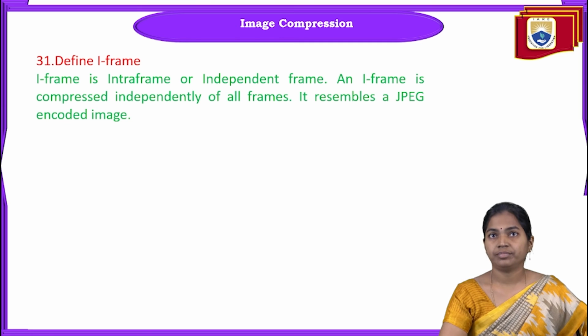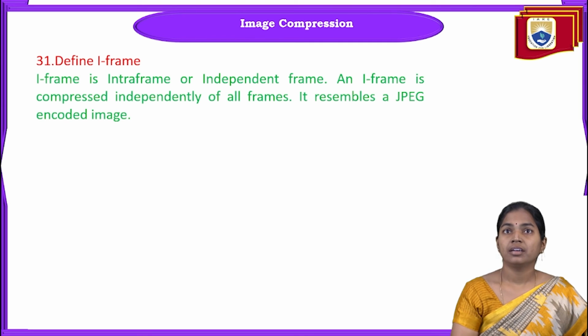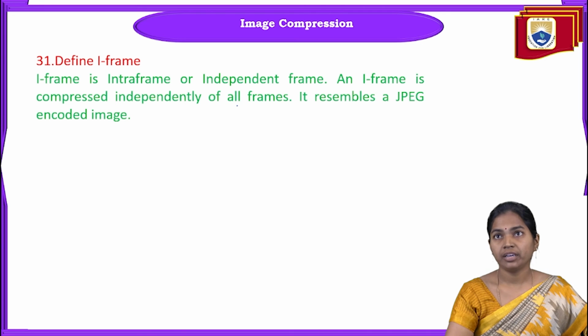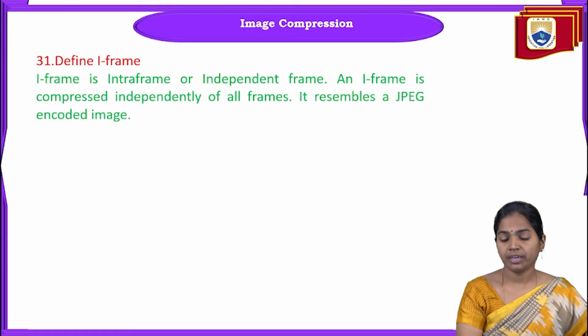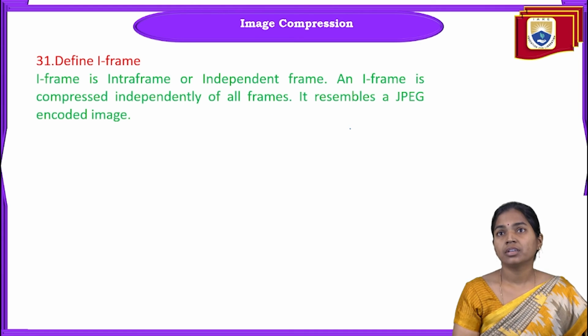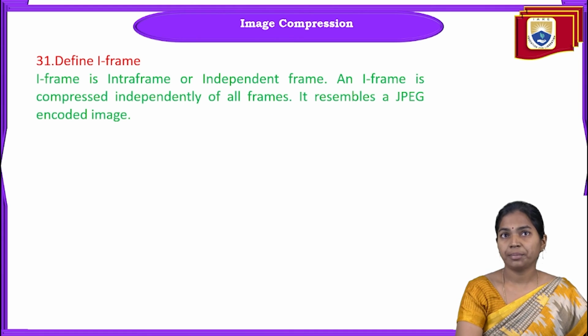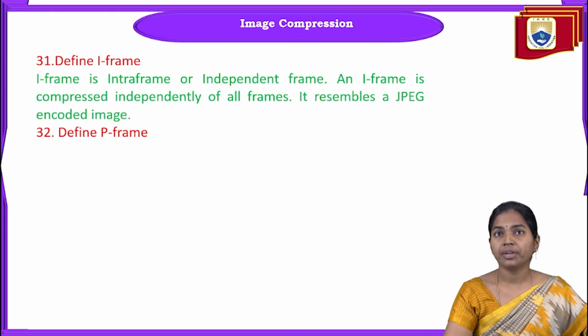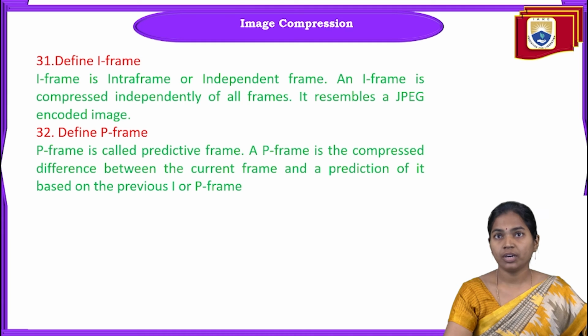Define I-frame. I-frame is intraframe or independent frame. An I-frame is compressed independently of all other frames. It resembles a JPEG encoded image. Define P-frame. P-frame is called predictive frame.